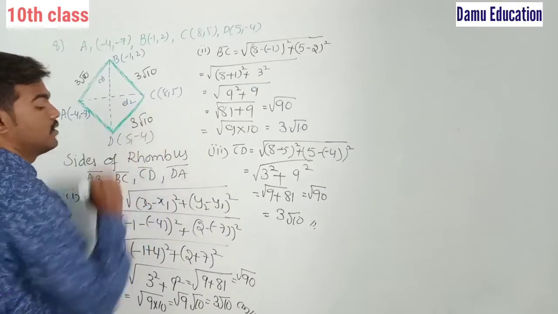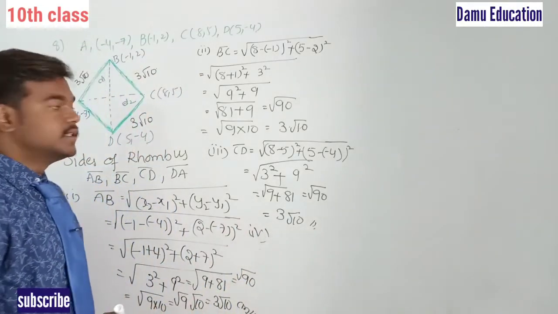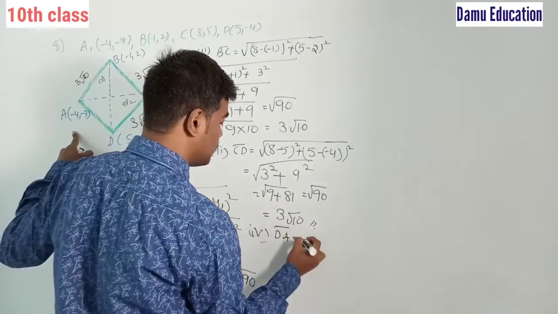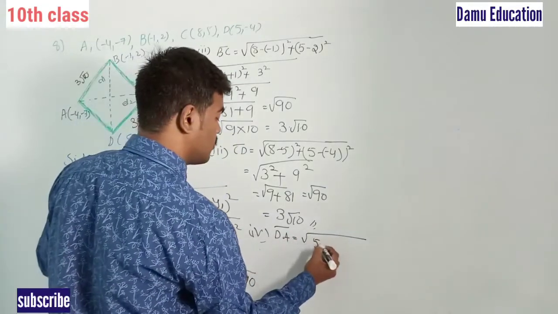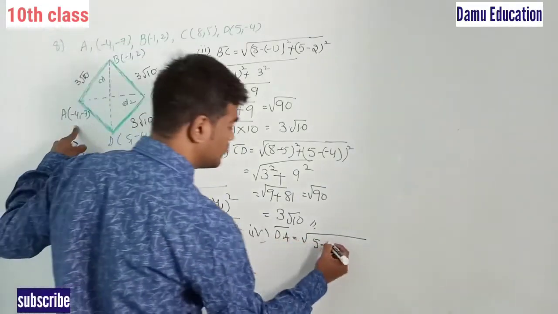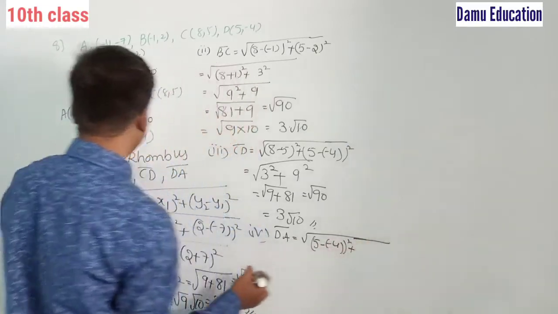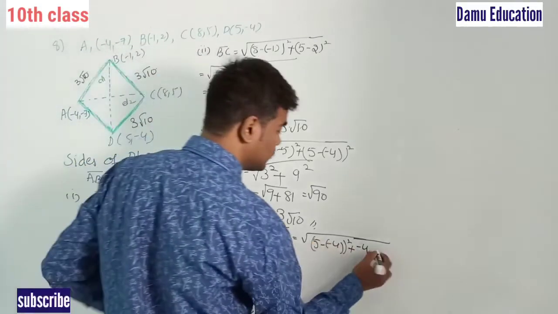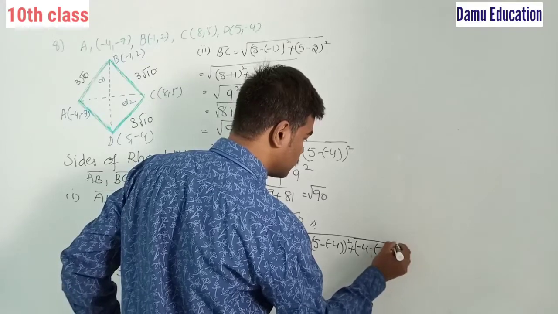Again, the fourth one is DA. That is square root of x2, 5, minus x1, minus 4, whole square, plus y2, minus 4, minus y1, minus 7, whole square.